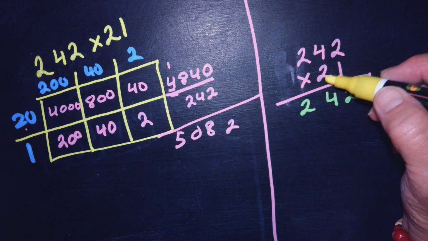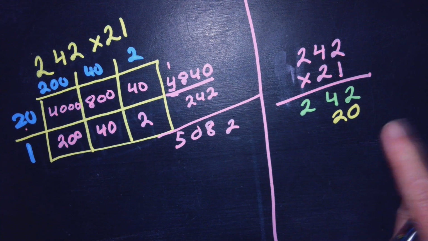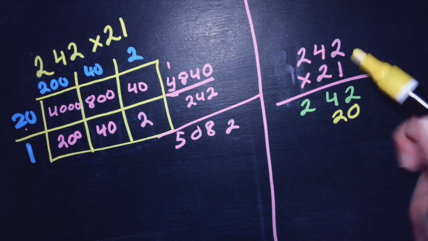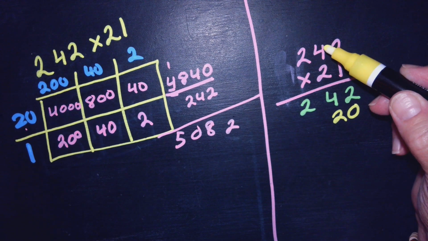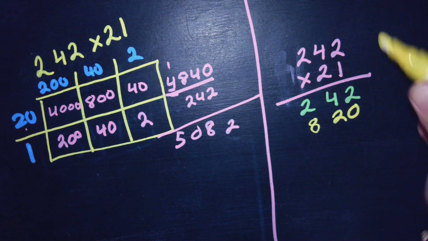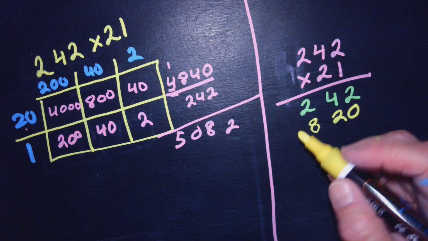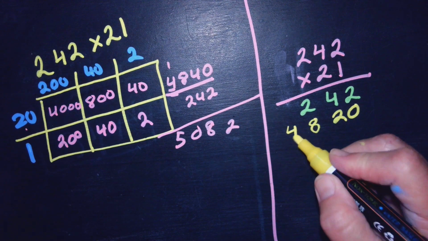2 tens times 2 ones is equal to 20. That's why you put the 0 there. 2 tens times 4 tens is equal to 800. And 2 tens times 2 hundreds is equal to 4,000.